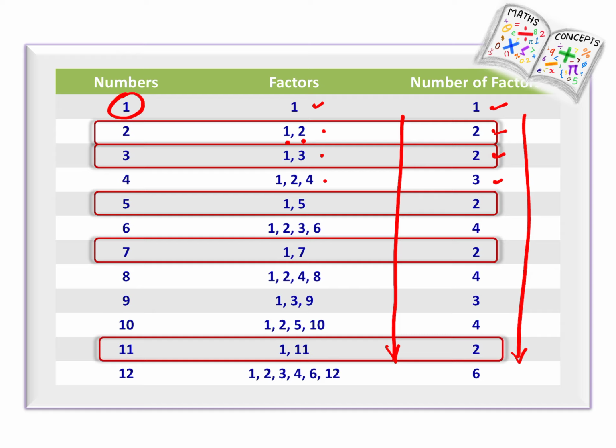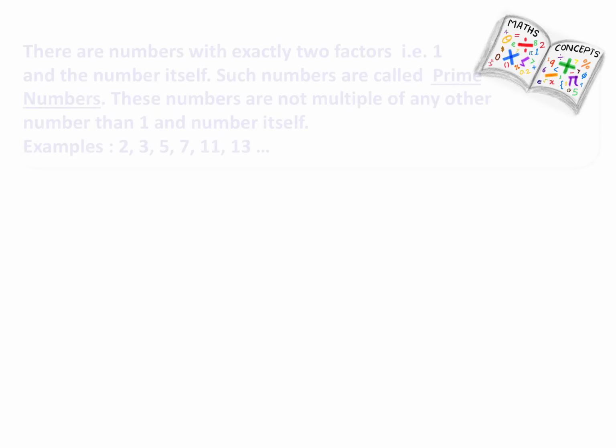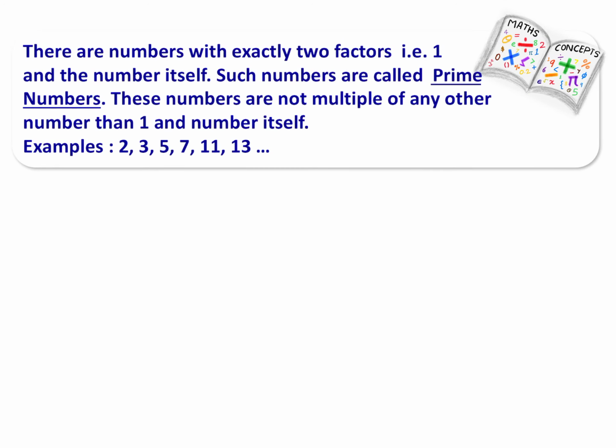So factors of 5 are 1 and 5, factors of 7 are 1 and 7, factors of 11 are 1 and 11. So these numbers occur only in one's table and the table of the number itself. So all such numbers which have exactly two factors, that is 1 and the number itself, are called prime numbers. So these numbers are not a multiple of any other number than 1 and the number itself.